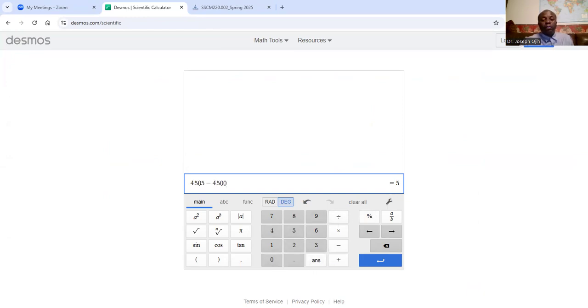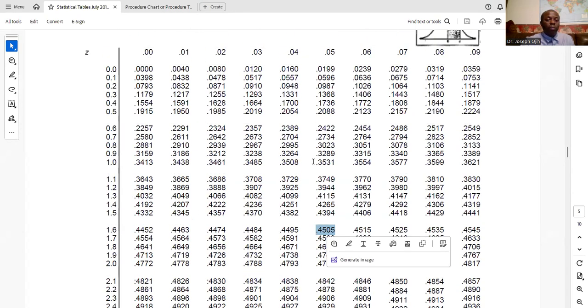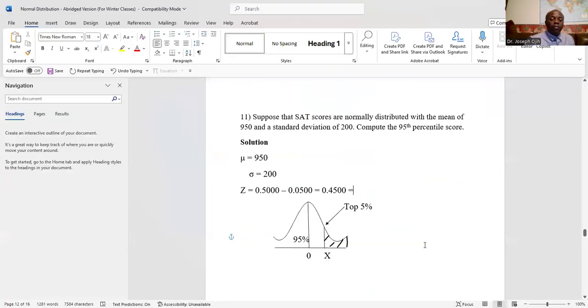When you come to this kind of situation, you choose the bigger of the two numbers, which is this one here, and follow it to the left, 1.6, and up, 1.65. So our Z is 1.65.